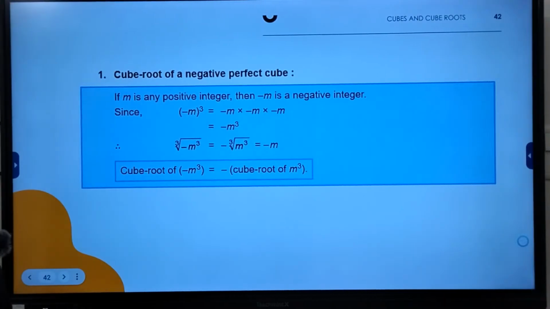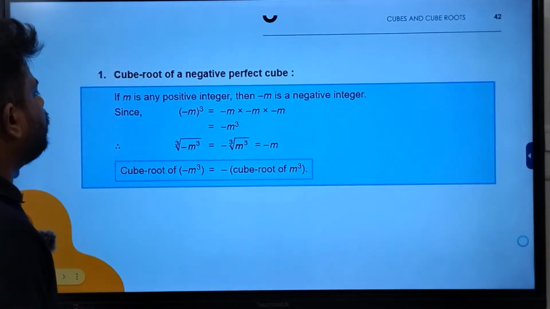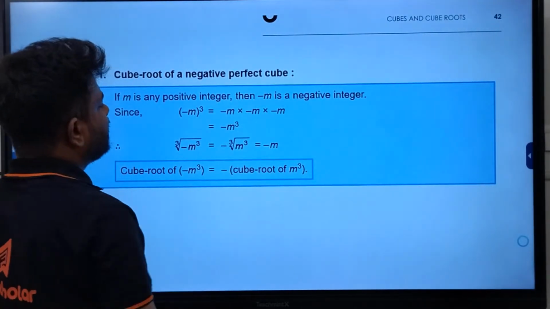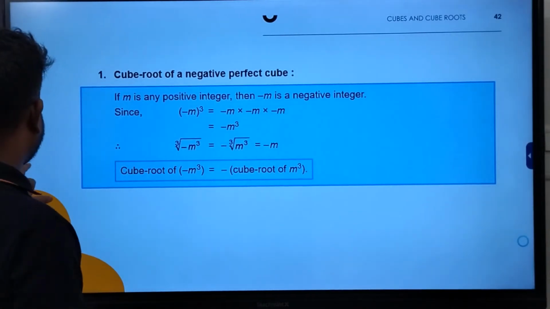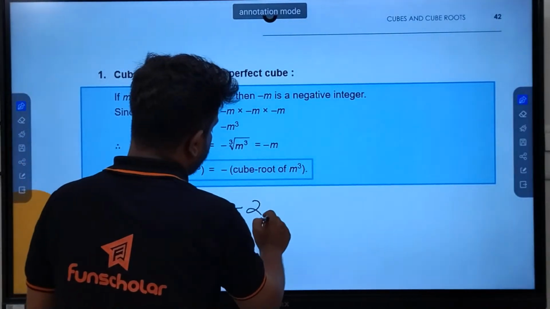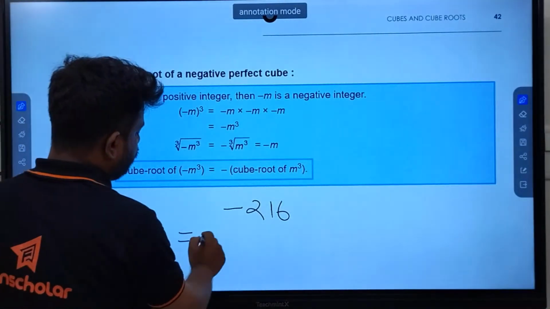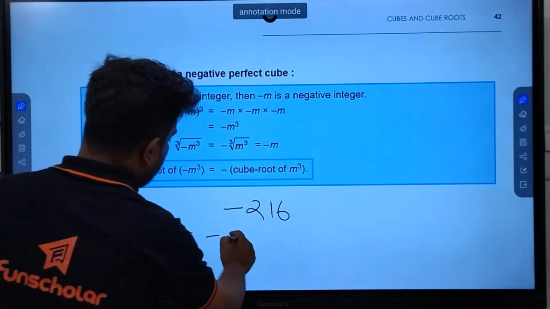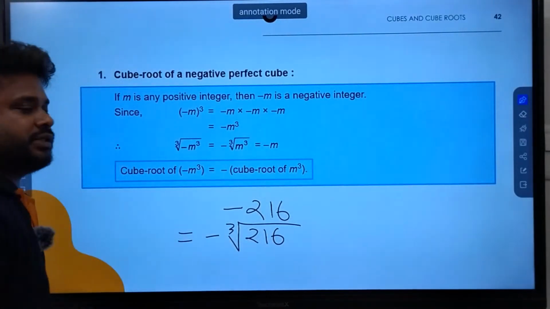Okay, cube root of a negative perfect cube. We have already discussed how we get minus m cube of any number. Like if you are asked to find the cube root of minus 216, you have to take minus out of the cube root and then find the cube root of this number.